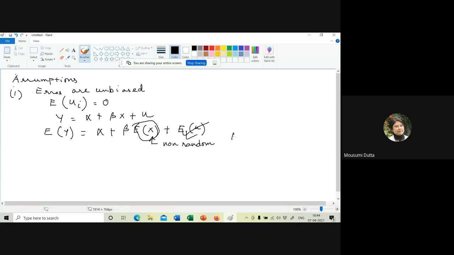Suppose expectation of u is equal to any arbitrary constant k. In that case, we can write the frame in this way. So we can adjust the value with the intercept term.